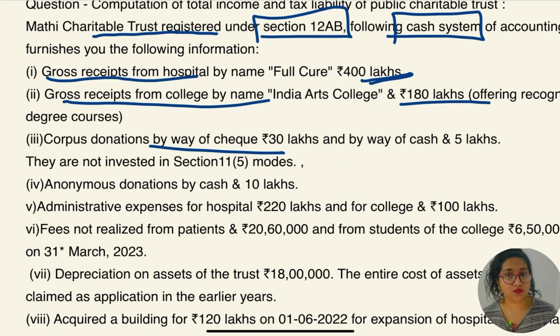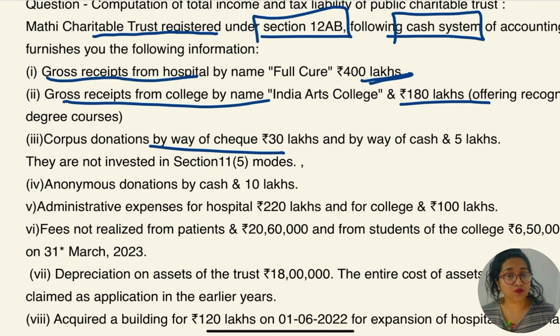Whether it's going to affect the donation, how we are going to take the criteria, how we are going to compute it, I'll tell you. Whether it's made in check or cash, we are going to do the same treatment for both. We are talking about corpus donation, right?